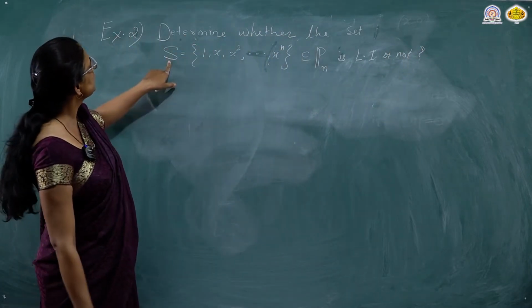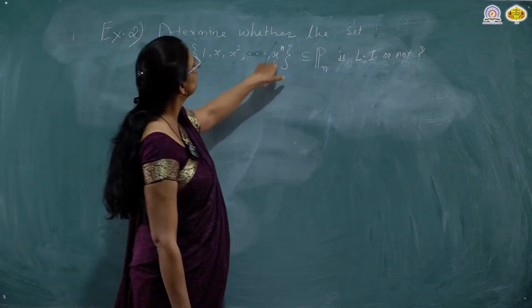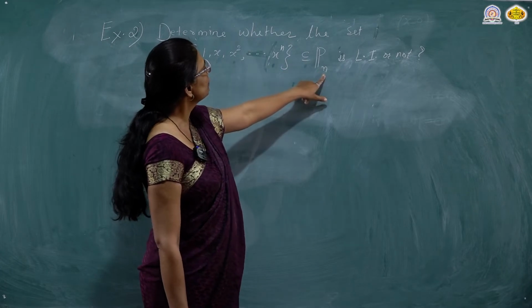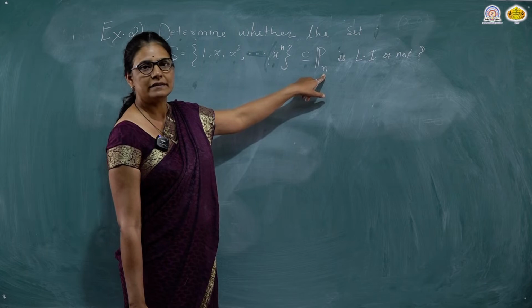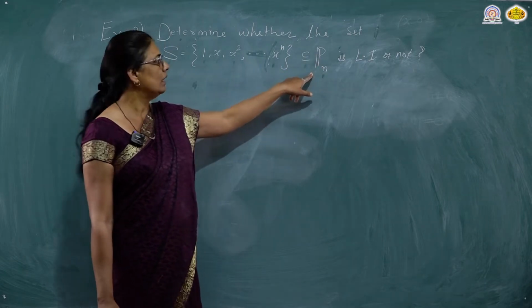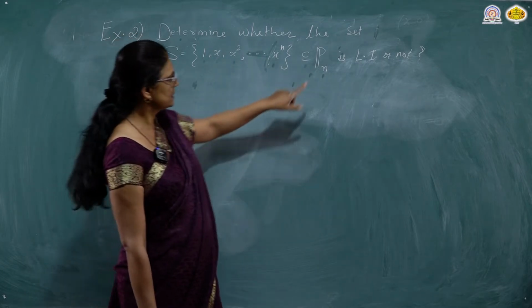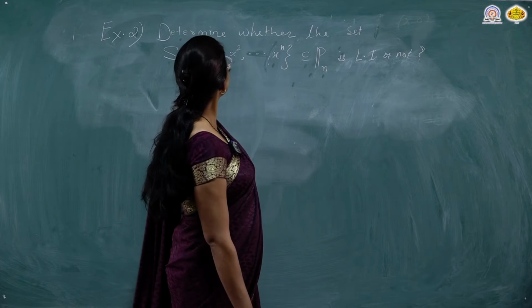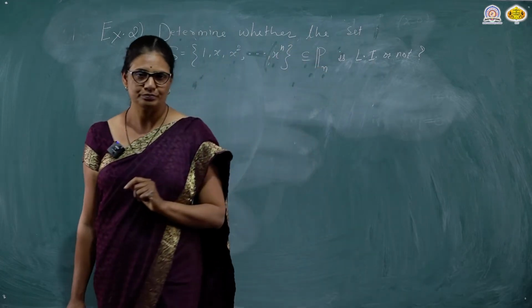Determine whether the set S containing the polynomials 1, x, x square, up to x raised to n, which is a subset of Pn, is linearly independent. Pn is the set of all polynomials of degree less than or equal to n including the 0 polynomial. We know that it is a vector space with the operations addition of polynomials and scalar multiplication. So check whether S is linearly independent or not.